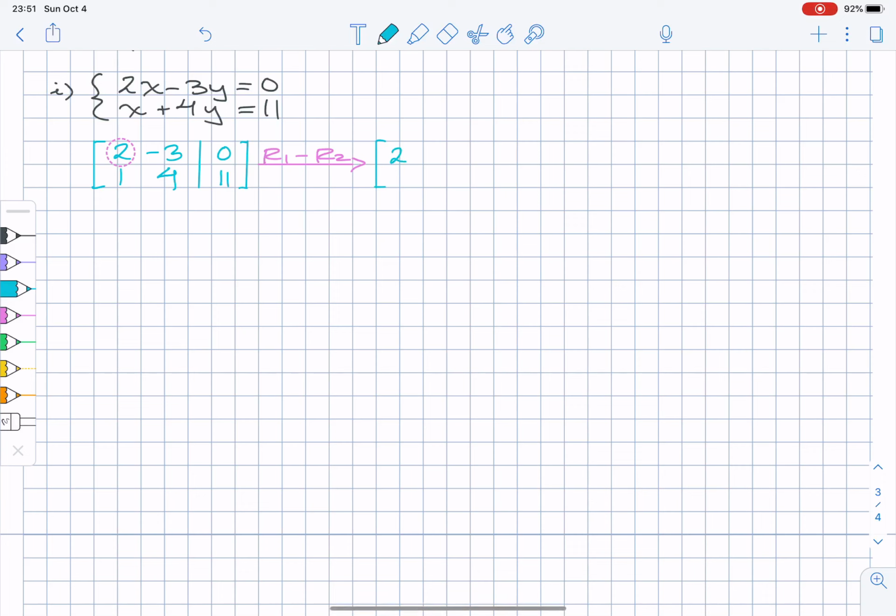Because 2 minus 1, negative 3 minus 4, augment, 0 minus 11. Second row is just 1, 4, and 11.